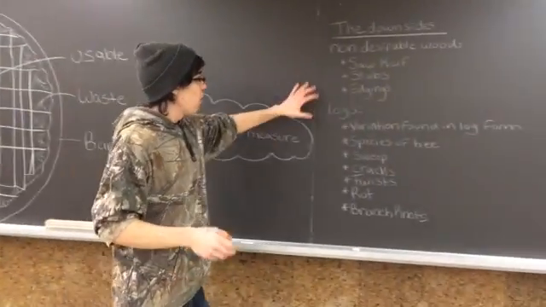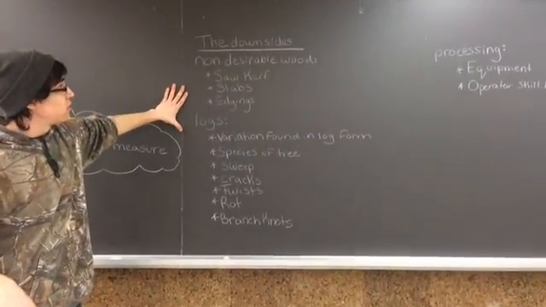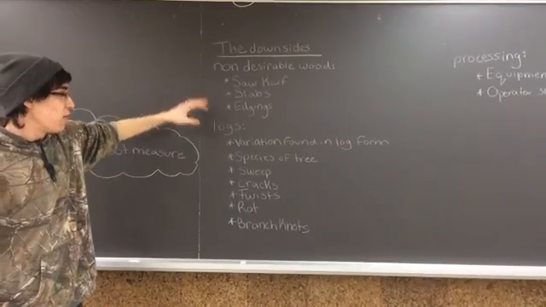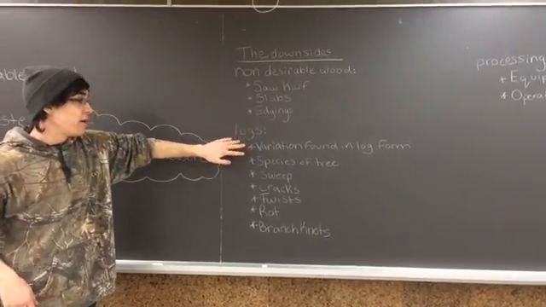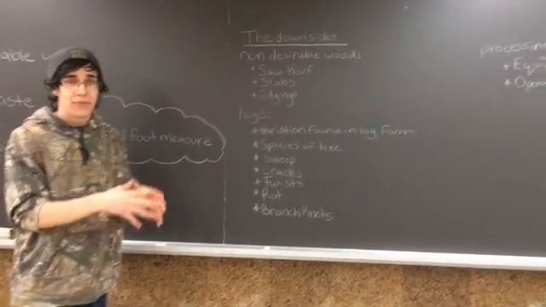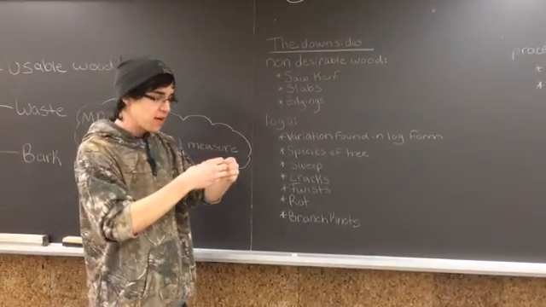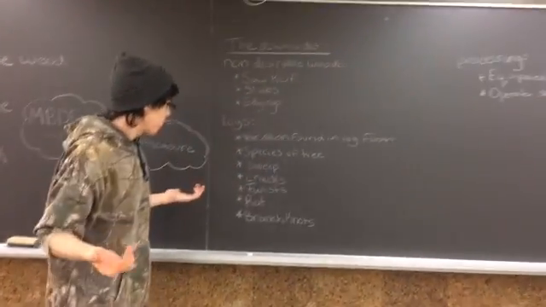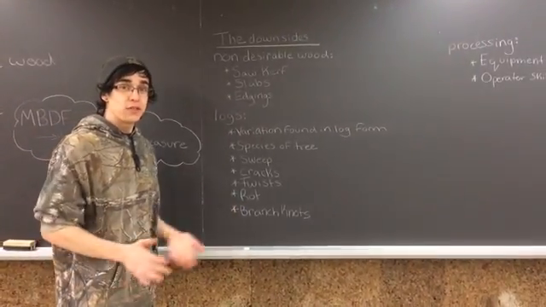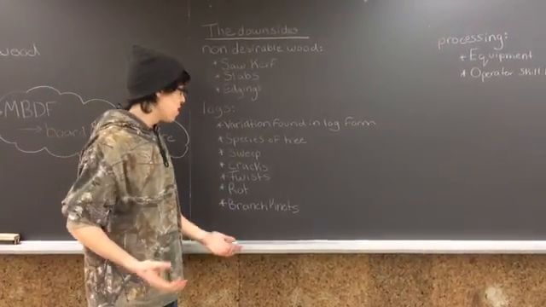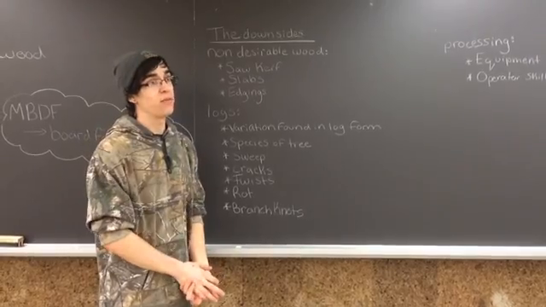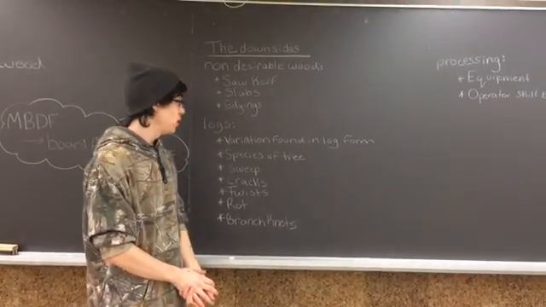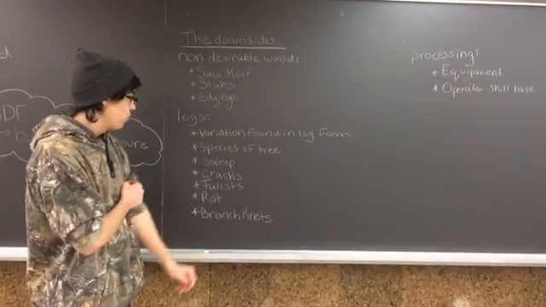With logs, we'll have some other downsides. We'll find some variations in the logs. There'll be some curves, like indents, where it starts to curve from disease, or certain species that have different densities, different shapes, different bark density, all that kind of stuff.